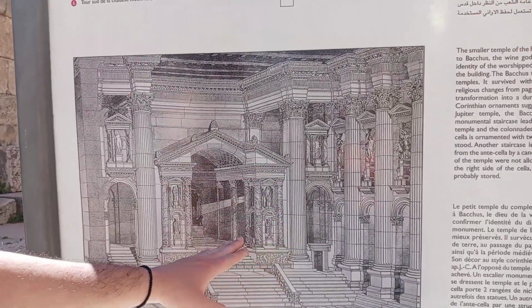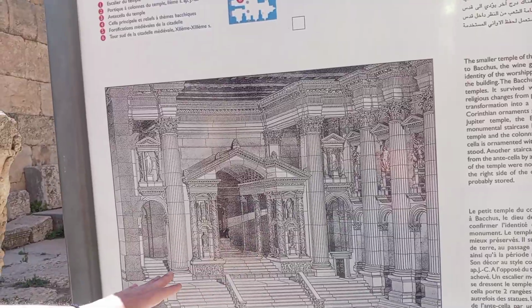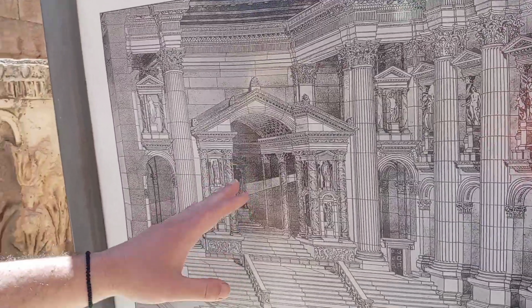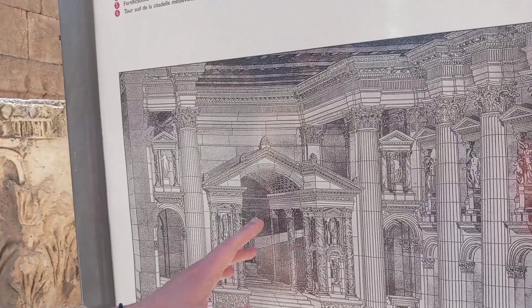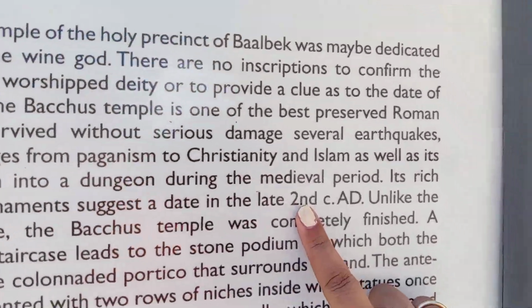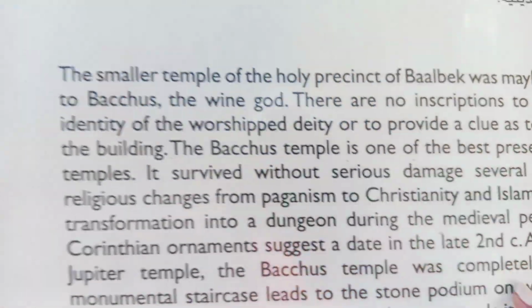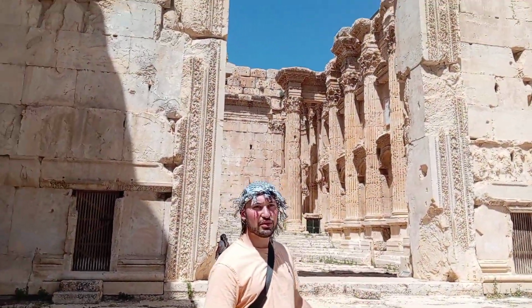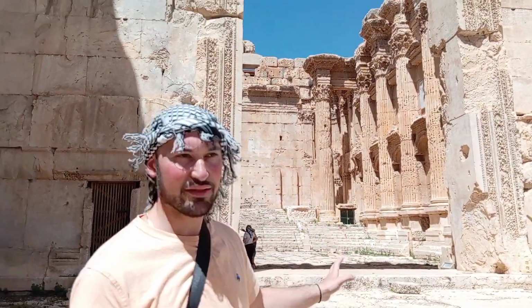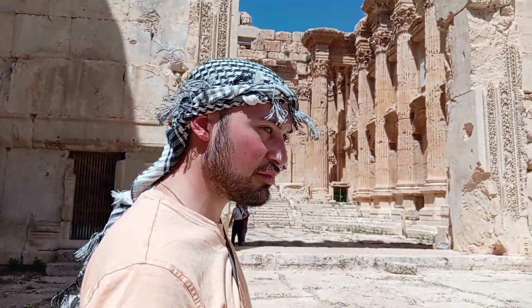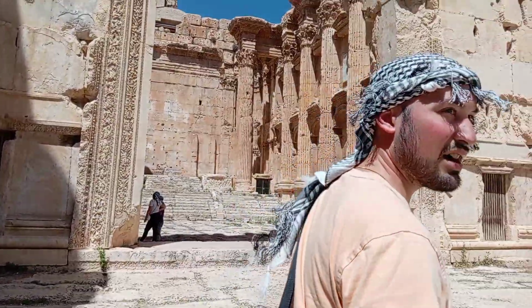But you could still see that all these years later, thousands of years later, it still looks fairly good. Second Century AD. So right now we are in front of the temple of Bacchus, the Greek god of wine. This is where they would come to worship Bacchus.